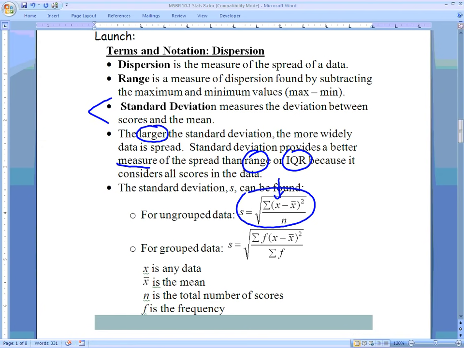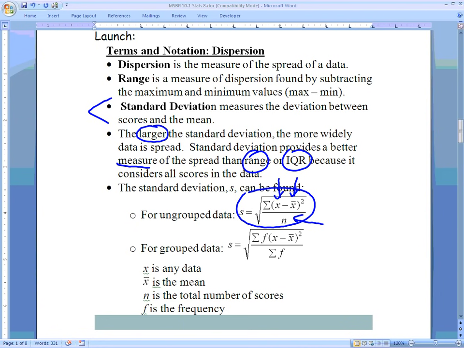If you have 100 pieces of data, you'd have 100 different values of x. For each one, we subtract x-bar, which we know means mean. We square that, and then divide by n, which represents the total number of data. If we had 4 terms, we would divide by 4, and then we square root that whole thing, and that's standard deviation.